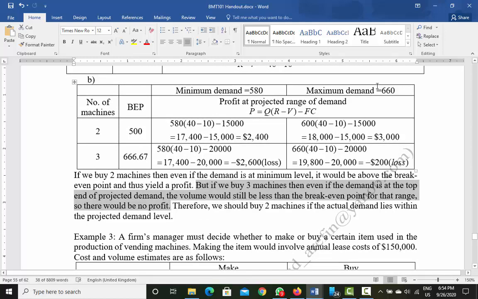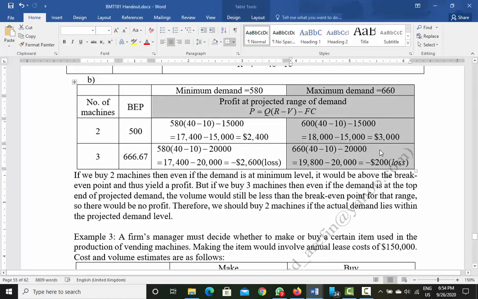So that means if the market reaches maximum demand level, that is 660, even in that case it will be lower than the break even point if the manager buys 3 machines. So even in that case the manager will end up in loss.